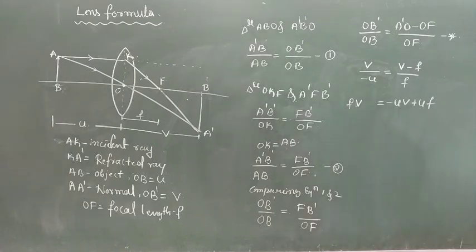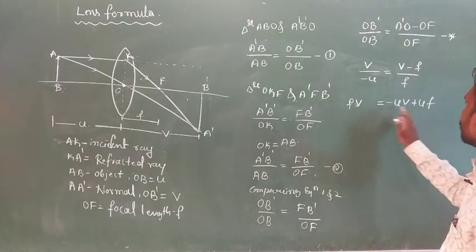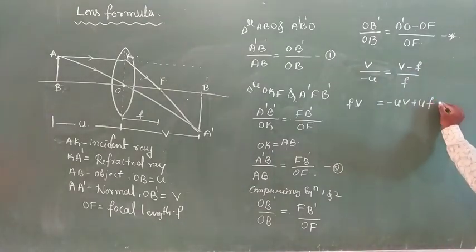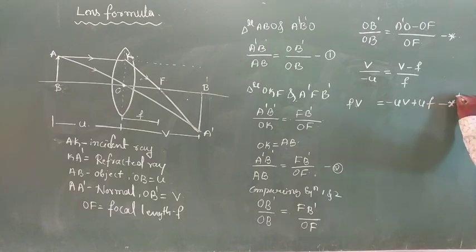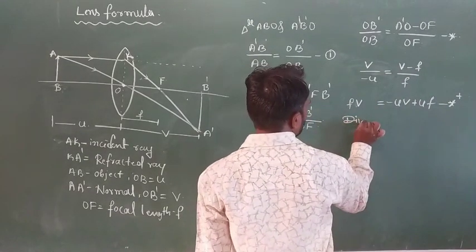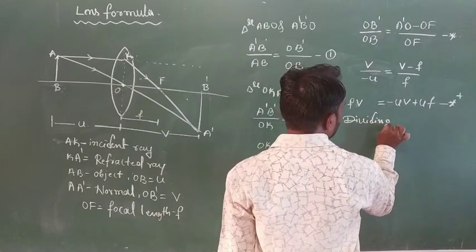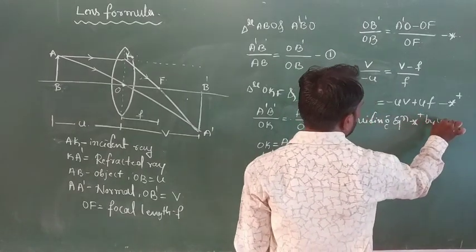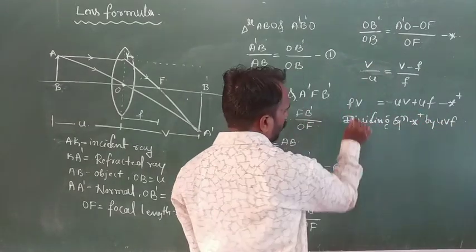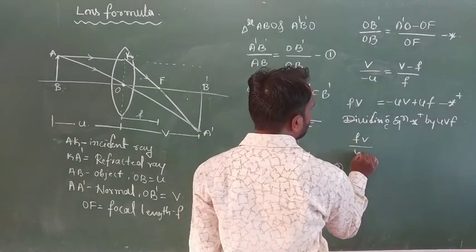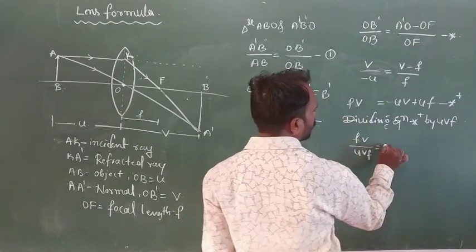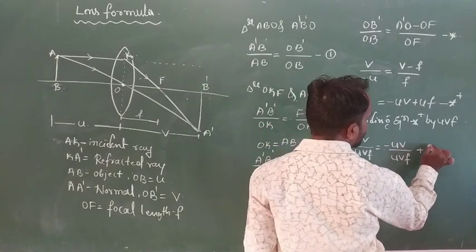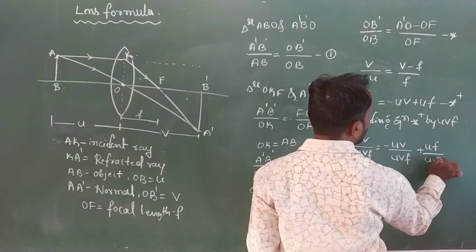Okay, so dividing this equation, which we consider as star plus, by U, V and F. So FV divided by UVF is equal to minus UV divided by UVF plus UF divided by UVF.